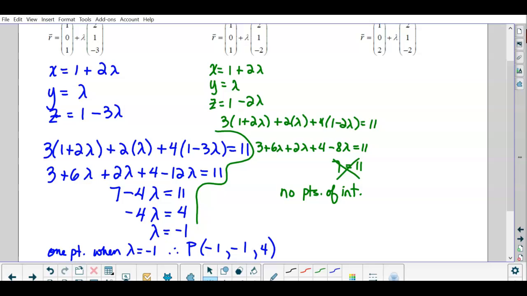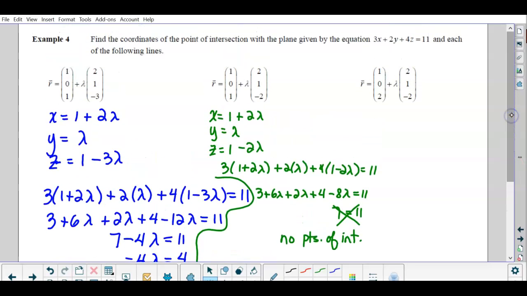Yeah, take the dot product. So the dot product of this with this: 2 times 3 is 6, plus 2 is 8, minus 8 is 0. Unfortunately, it doesn't tell you whether it's in the plane or off it.